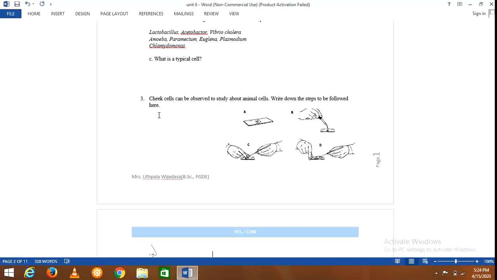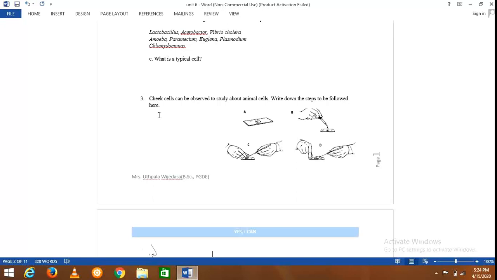So if I repeat the steps, first you have to wash your mouth and scrape the inner side of the cheek using a clean yogurt spoon. Then obtain a clean glass slide and put a drop of water on it. Then you can add a stain like methylene blue solution.